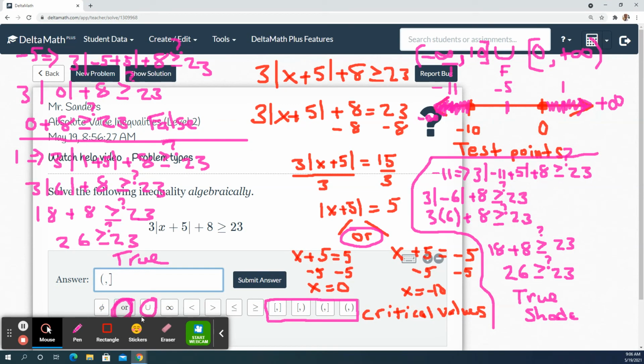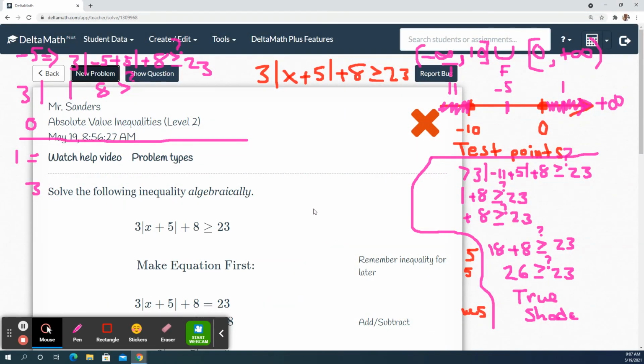So that's negative infinity to 10. Then I'm using the union, and then it's bracket, parenthesis, and we go from 0 to positive infinity. I don't need the positive sign there. And that looks like everything we need.